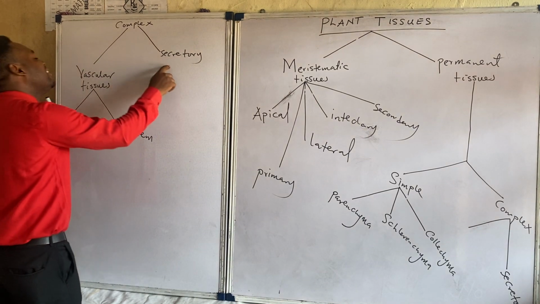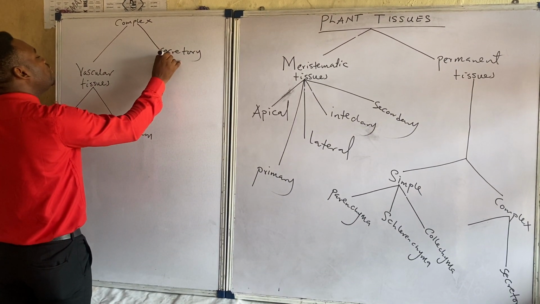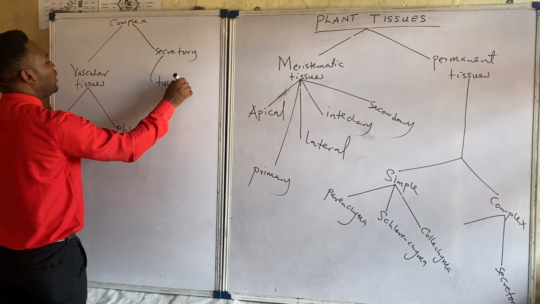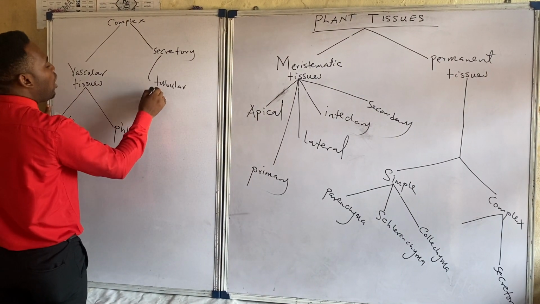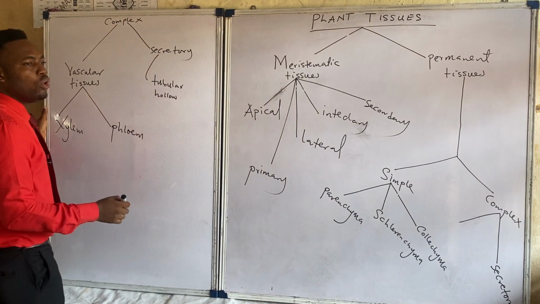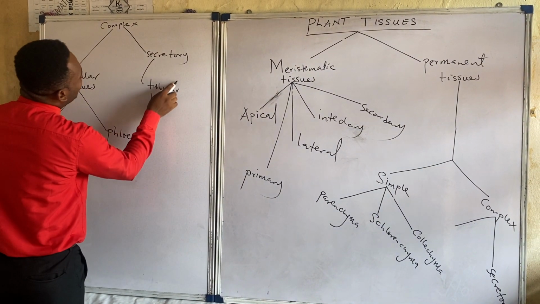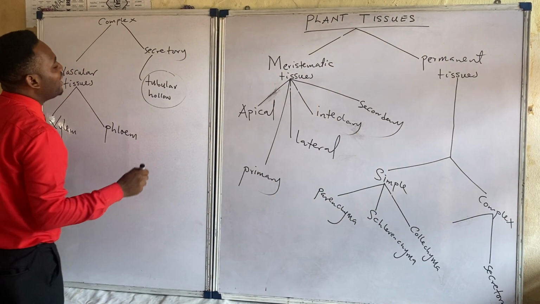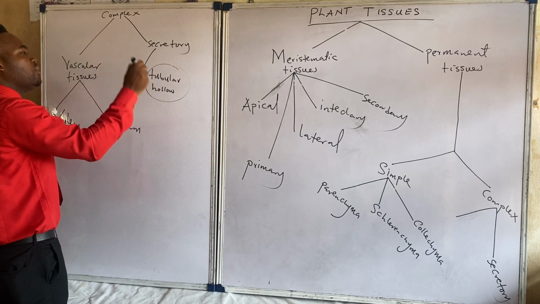The secretory tissues are usually tubular in structure, or they are hollow. Say they are hollow or tubular. And what is their major function? The major function of the secretory tissues is the storage of food.